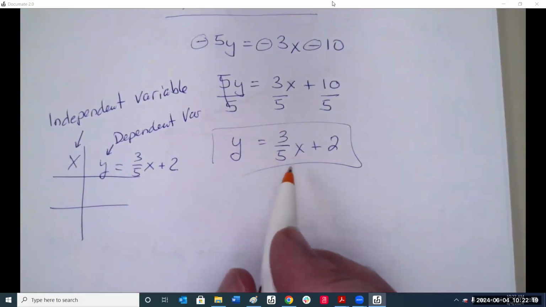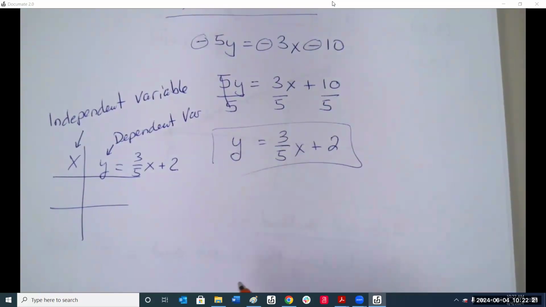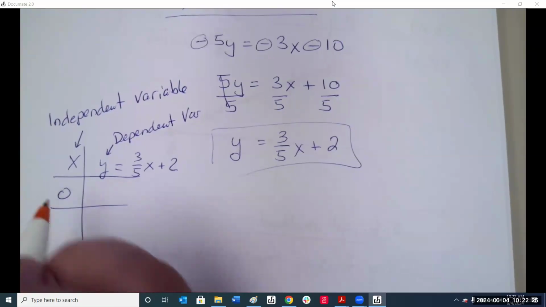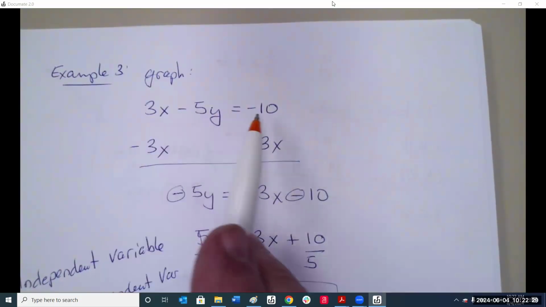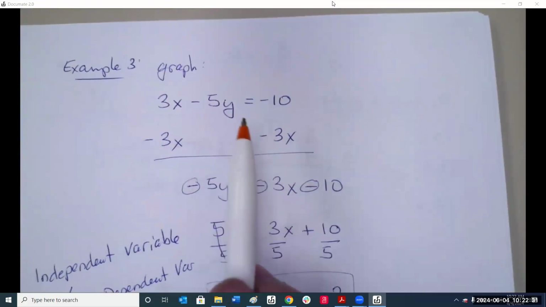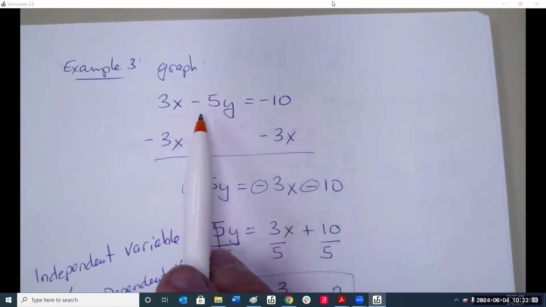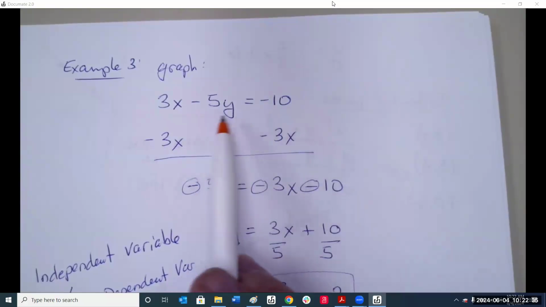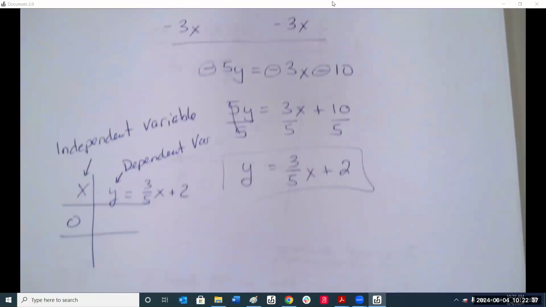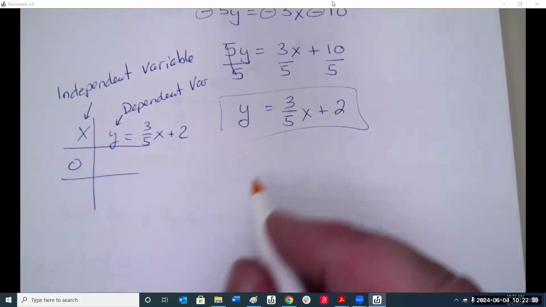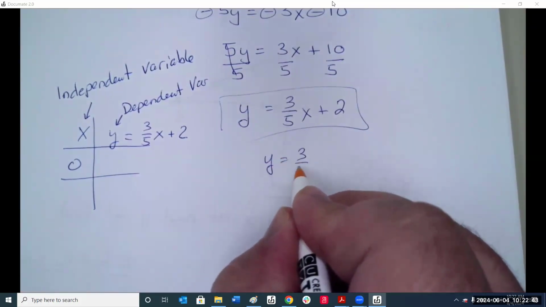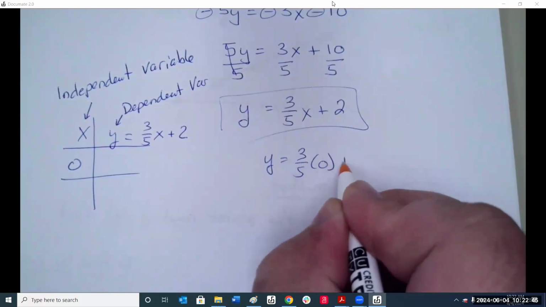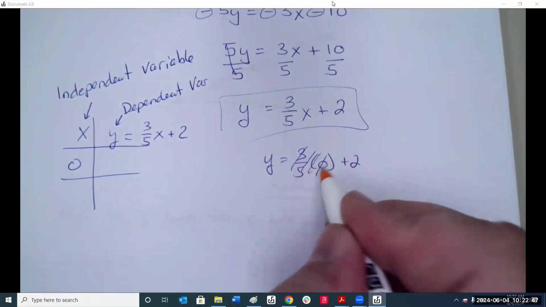So in this equation, what's the first x we're going to pick? 0. Actually, I should ask you, what kind of equation is this? What's the graph going to look like? It's linear, so it's going to be a line. So if we pick 0, 3/5 times 0 plus 2, that disappears.